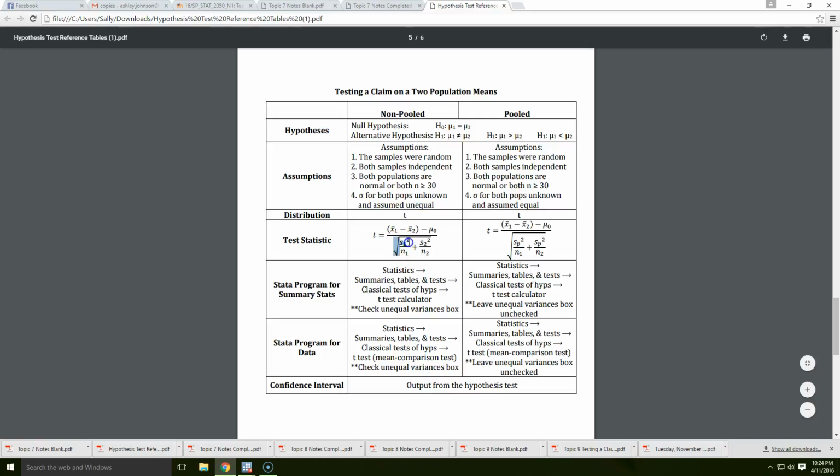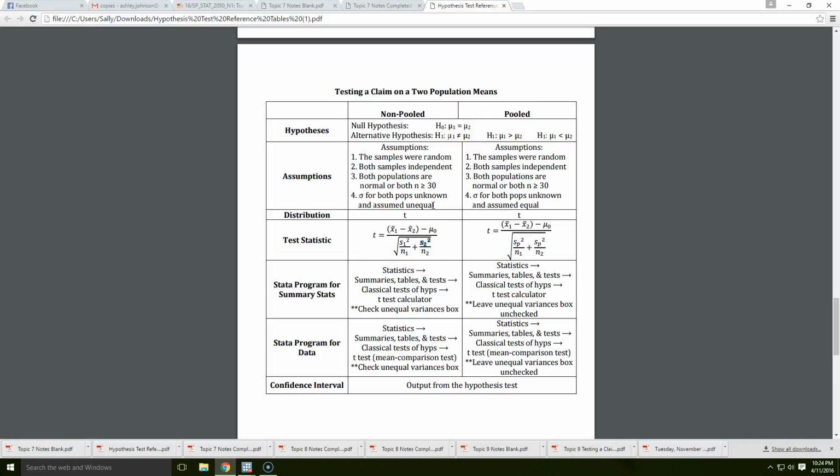So standard deviation 1, whatever that sample standard deviation is, standard deviation 2, whatever that is.